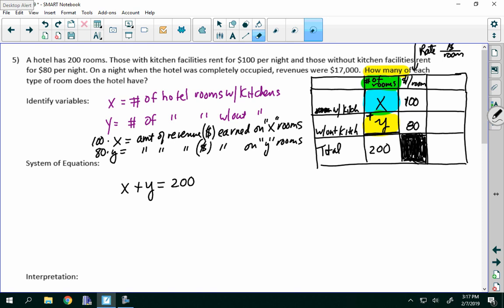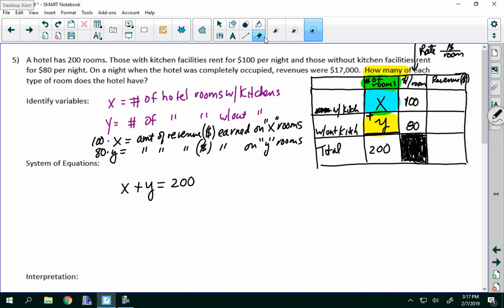Now, if I need to, I can go back here and see, oh yeah, Y is the number of rooms without kitchen facilities, or X is the number of rooms with kitchen facilities. So in this final column, we're going to say revenue in dollars.